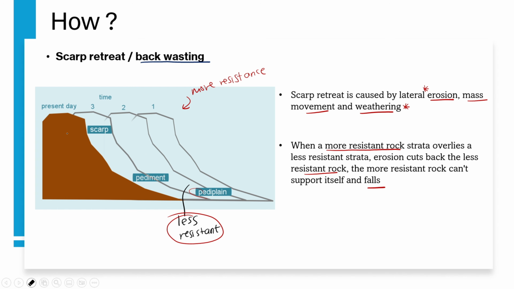So do you see that here we're actually reducing the size of a plateau to become a mesa? So if we had a plateau like this, due to scarp retreat or due to back wasting, it will be reduced. Maybe all this layer will be washed away. All of this will be eroded, and we just remain with this small piece here. And this small piece will now be known as a mesa.